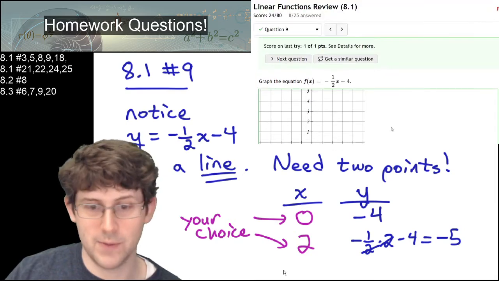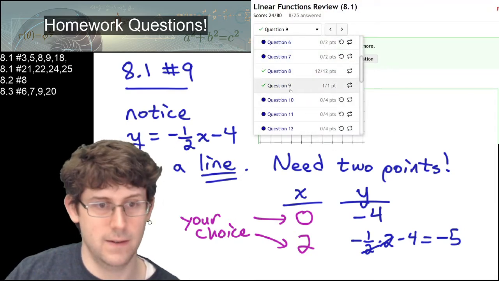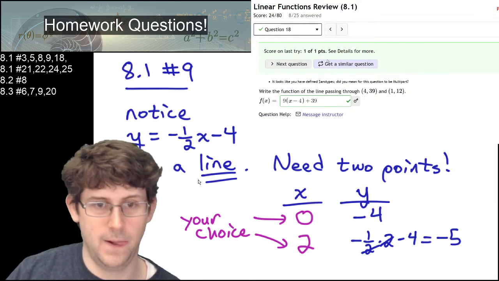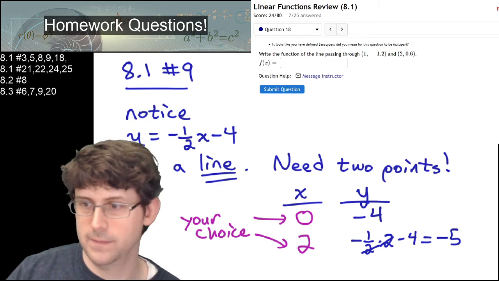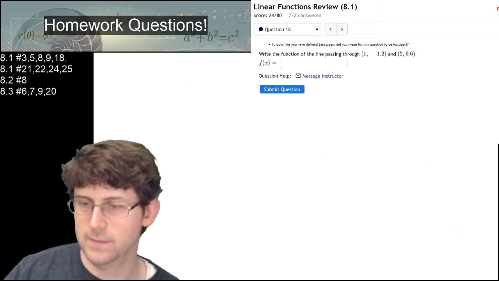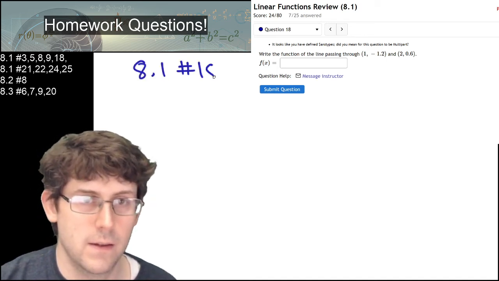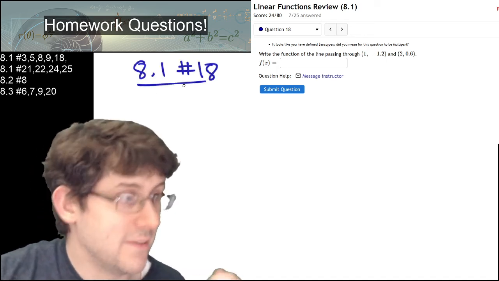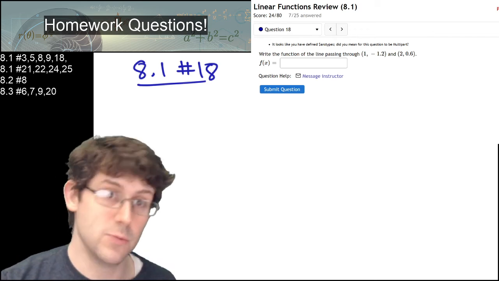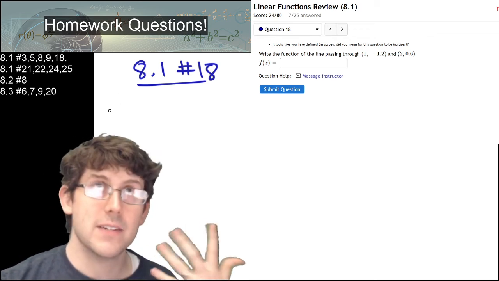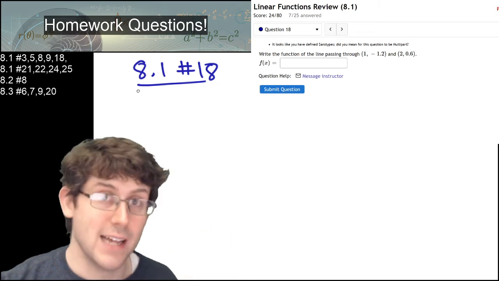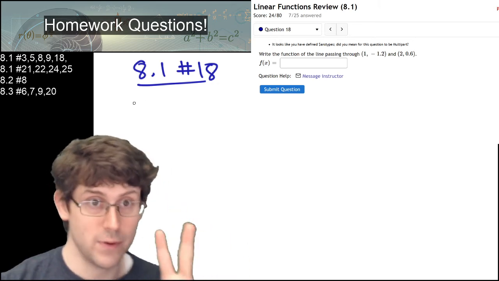Next one is 8.1, number 18. This one says, write a function for the line that passes through these 2 points. Now, as soon as someone asks you to write a function for a line, you should pick between 2 forms of a line.